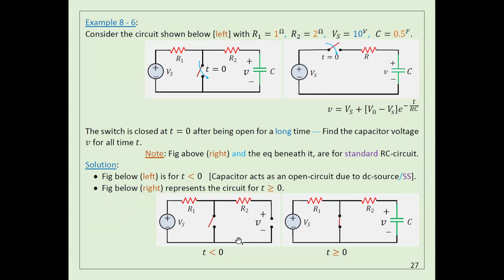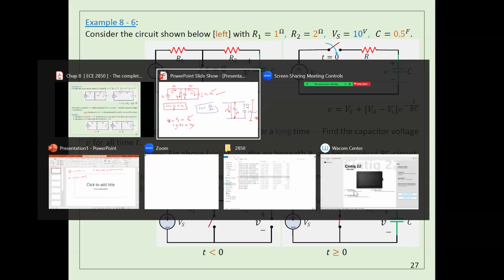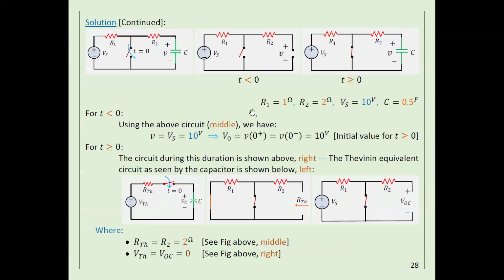Anyway, again, the easy way to do it, I can again use Thevenin, and I can calculate R Thevenin and V Thevenin, okay? That's what I did here in this solution.